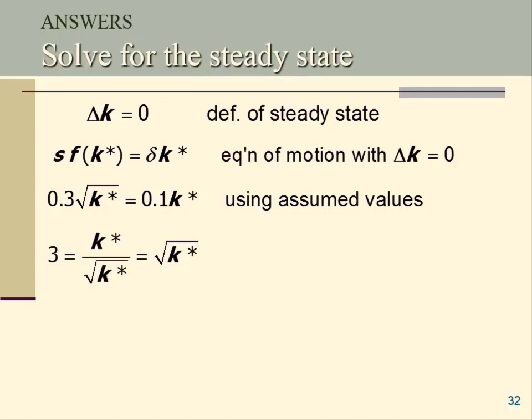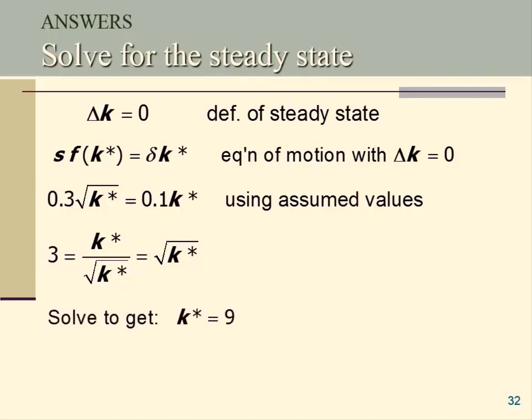That is, divide both sides by 0.1 and divide both sides by the square root of k star. And then you have 3 equals k star over the square root of k star, which simplifies to the square root of k star. Now you can square both sides of the equation to get k star equals 9.